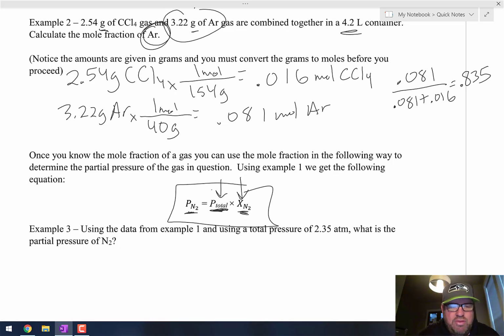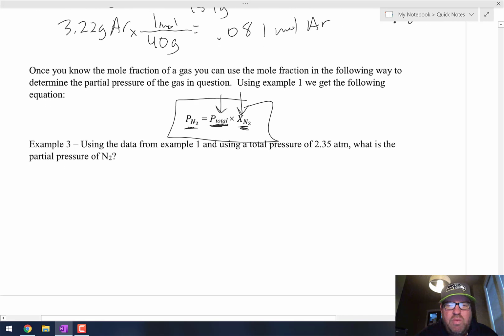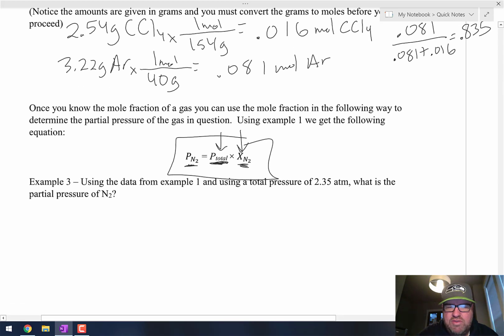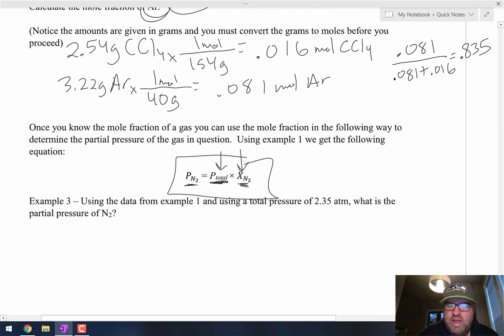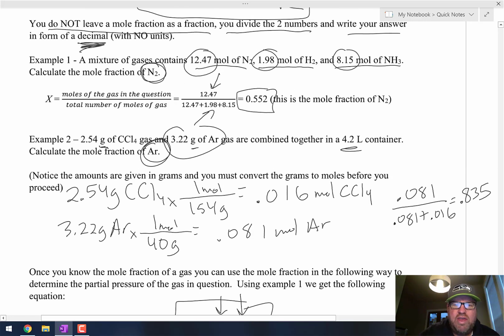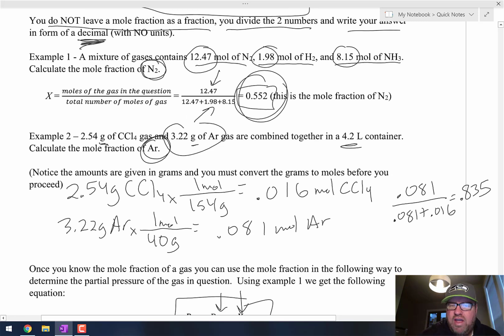So example 3 says, using the data from example 1 and using a total pressure of 2.35 atmospheres, what is the partial pressure of N2? Remember, partial pressure means just the pressure of the N2, not the rest of the stuff. So from example 1, we saw that the mole fraction of N2 was 0.552.